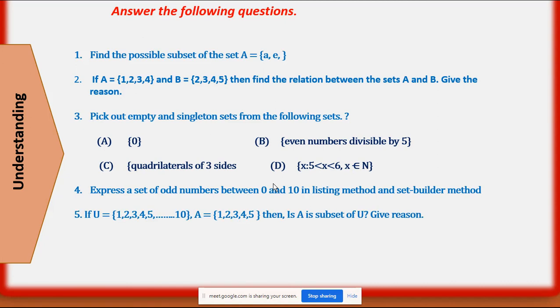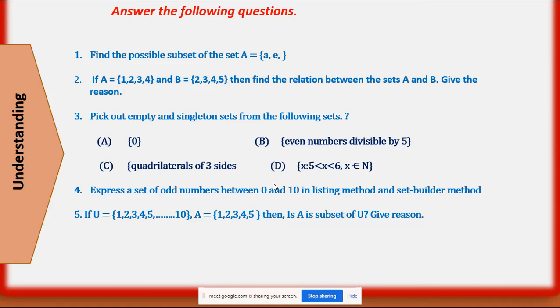I am waiting 3 to 5 minutes for your response. Write the answer in the chat box. Work it out. Copy the question in your copy and write the possible solution in your copy, and write the final answer in the chat box.